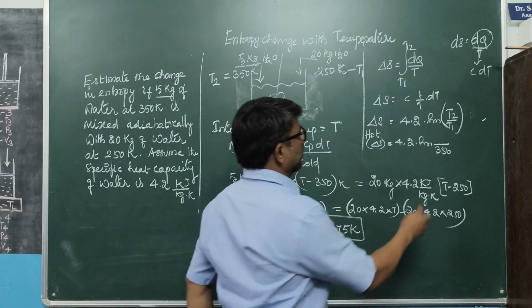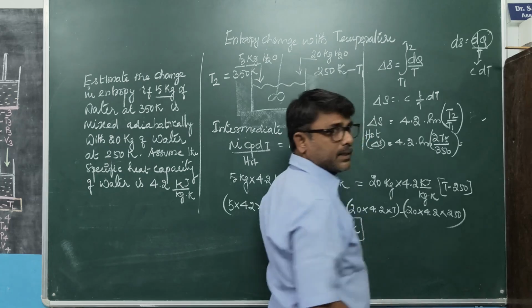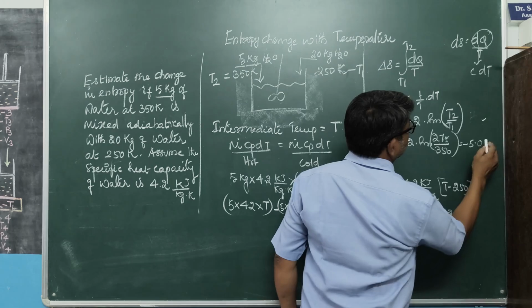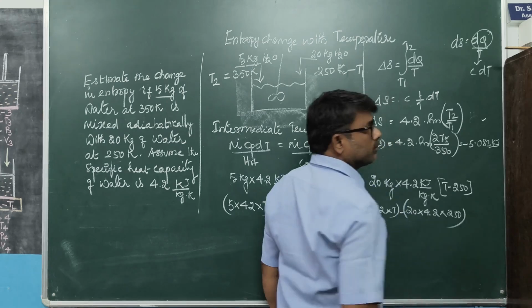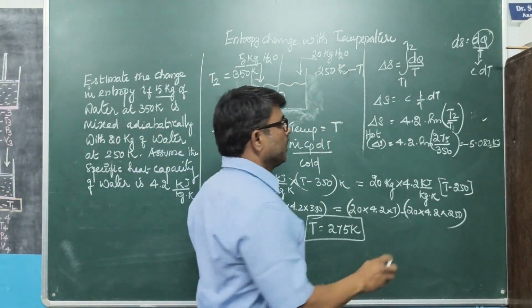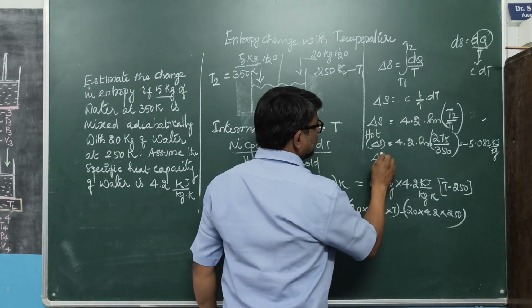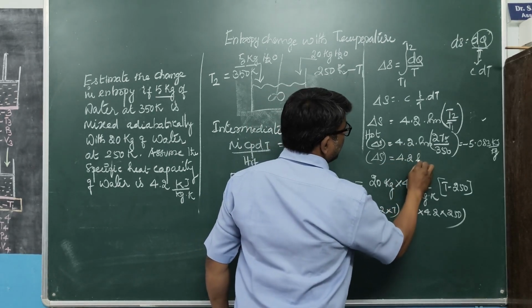The intermediate temperature, 275. Clear? What is the answer? Minus 5.083 kilojoules per kg. Okay. For cold fluid, the change in entropy is 4.2 into ln, with initial temperature 250 and final temperature 275. What is the answer?